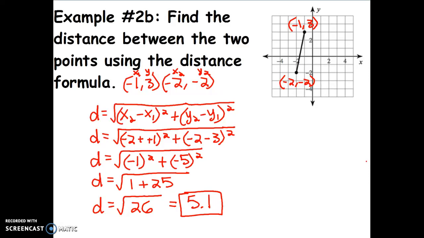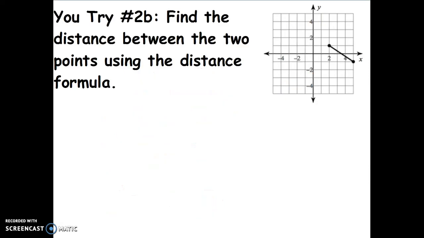All right, let's go on to the you try. All right, so you guys take a minute and try this. Okay, so let's first of all identify our ordered pairs. (2, 1), and (5, -1).